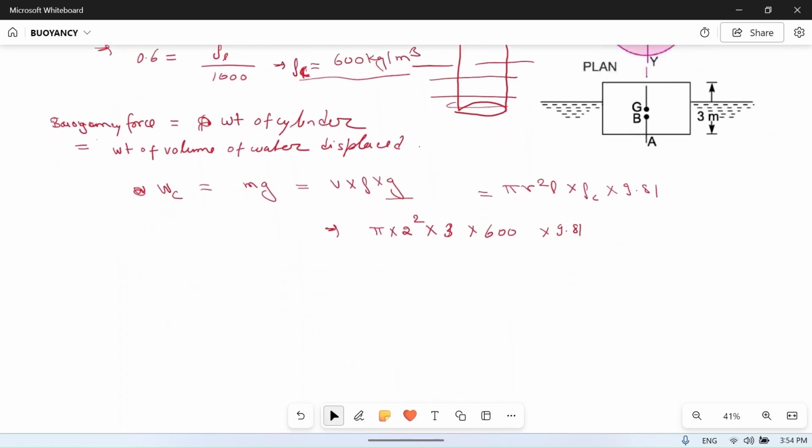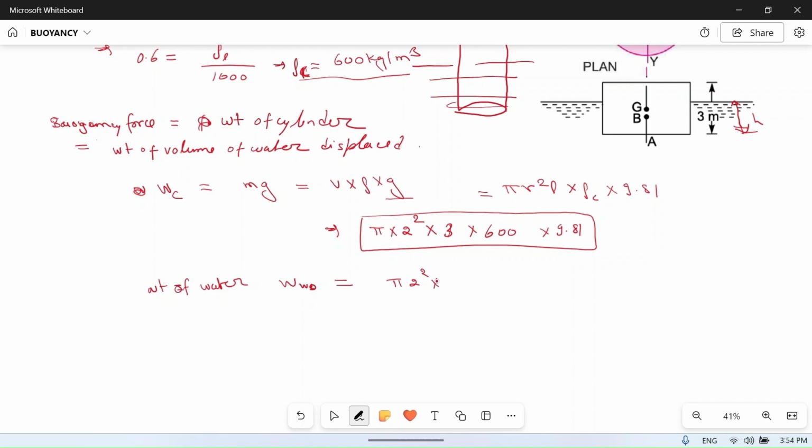So this is the weight of cylinder, and it should be equal to the weight of water displaced, which is the buoyancy force. Suppose it is WWD, weight of water displaced, equal to volume of water times density and g. Suppose the cylinder is submerged up to height h, then volume is pi r square into h, into density of water 1000, into g 9.81 meter per second square.